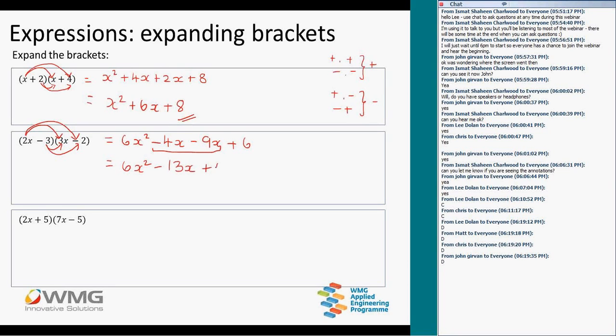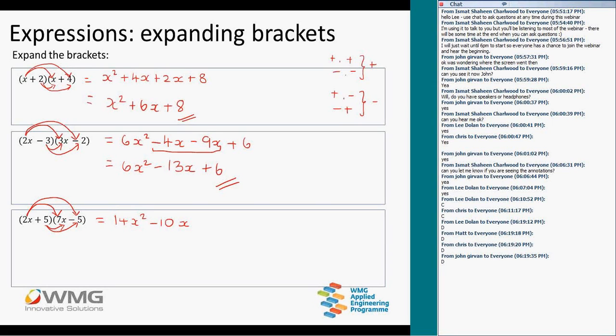2x and x. I'll just do the first. So 2x times 7x is 14x squared. 2x times 5 is 10x. Those 2 are plus numbers, so it must be a plus answer. Then plus 5 times x is plus 5x.